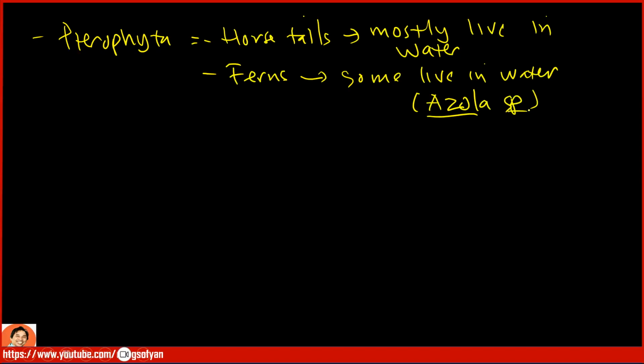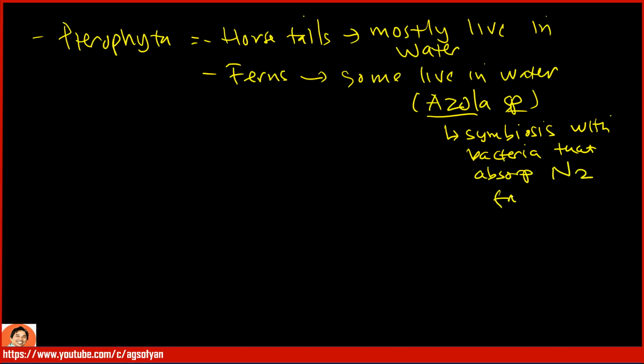This is the one that lives in water, and it has an ability to absorb nitrogen from its roots, because the root of this Azolla makes a symbiosis with bacteria that absorb nitrogen from the media, which is the water.